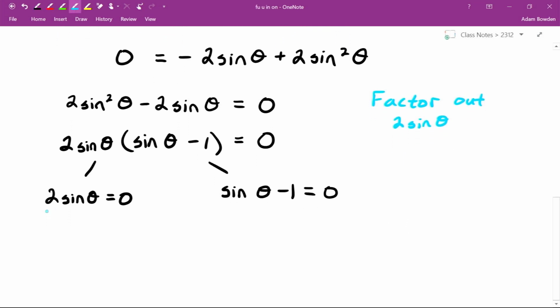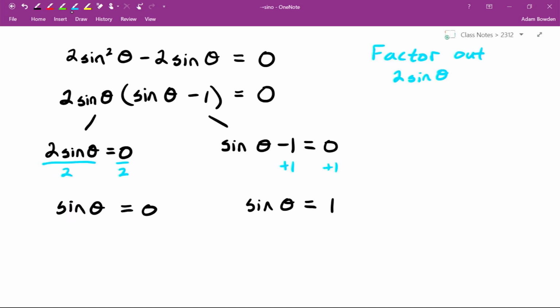And first one here we divide out 2. So that would be sine theta equals 0. Over here we can add over the 1. Sine theta is equal to 1. And if you like using the sine inverse here, you can take the sine inverse of both sides.